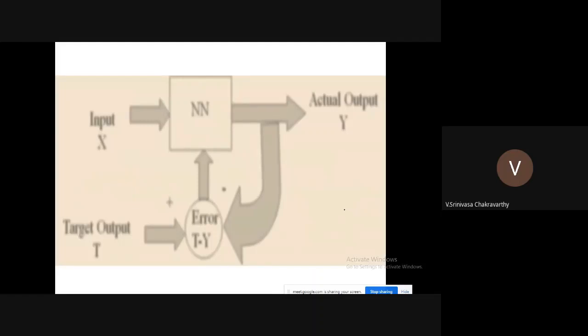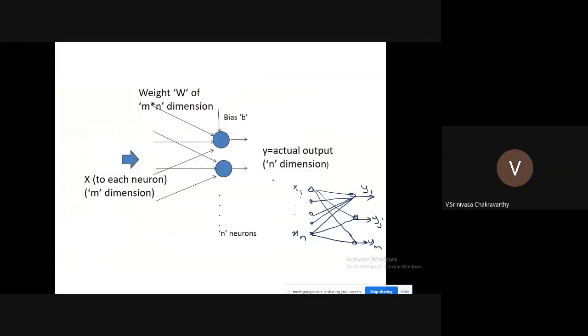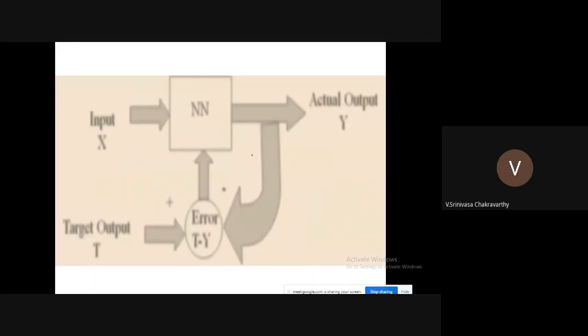So how do you do that? Here is a simple schematic. I hope you can see it, it's a bit faint. Initially I have a neural network, this kind of a network, and there are all these weights here. Since there are multiple neurons, the weights will be a weight matrix. Input is x and output is y.